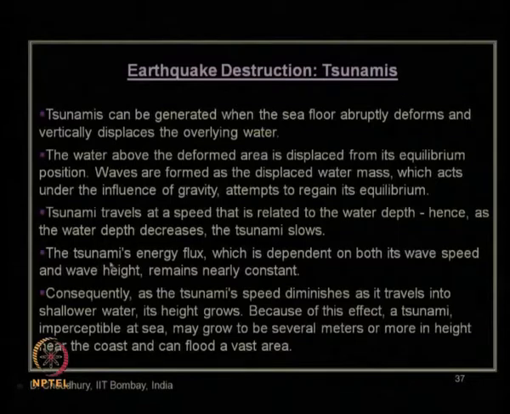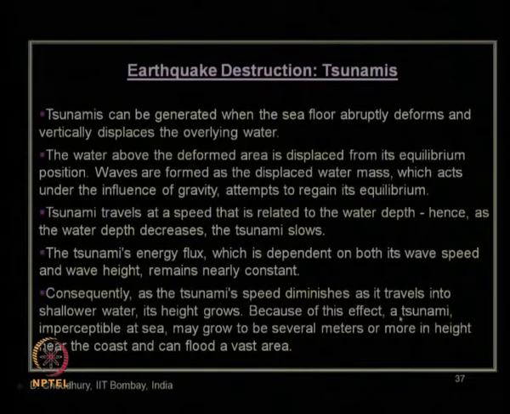So, as the tsunami wave travels from the deep sea to close to the shore, or close to the boundary of the solid surface, its height increases and its speed slows down, which ultimately keeps the energy flux of the tsunami constant. Consequently, as the tsunami's speed diminishes while it travels into the shallower water close to the shore, its height grows.